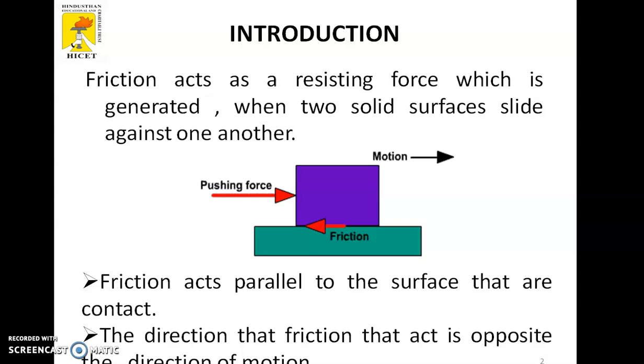So this friction always acts parallel to the surfaces in contact. With the mechanical contact between these two surfaces, the friction force always acts parallel to the surface. And the friction always acts in the direction opposite to the motion. So it is a basic concept of friction.